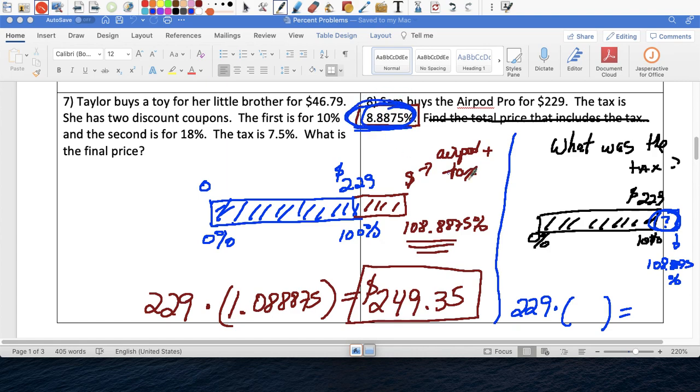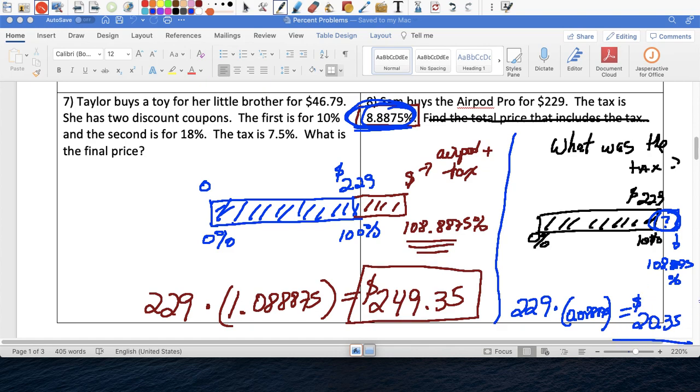You're going to multiply it by this guy right here, right? That's the tax. So in this case, let's move the decimal 2 over. We get 0.088875. Sorry about that. So 229 times 0.088875, and the tax on this AirPod was $20.35.